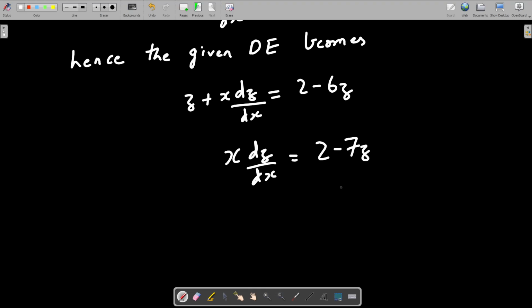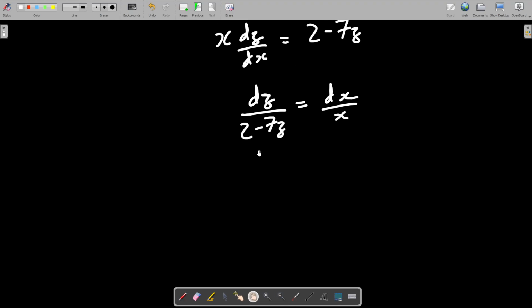Then just rearrange the terms: dz over 2 minus 7z equals dx by x. So take log on both sides, integrate on both sides rather.